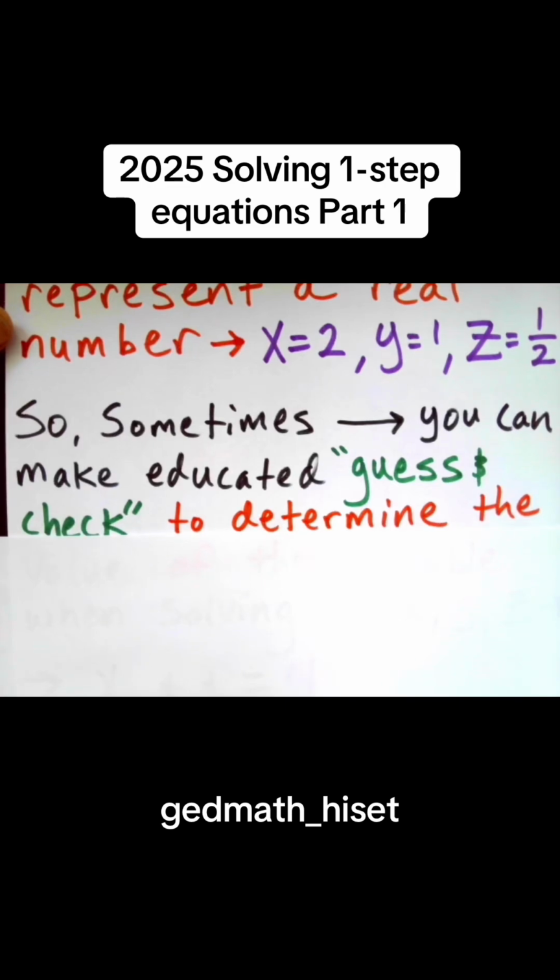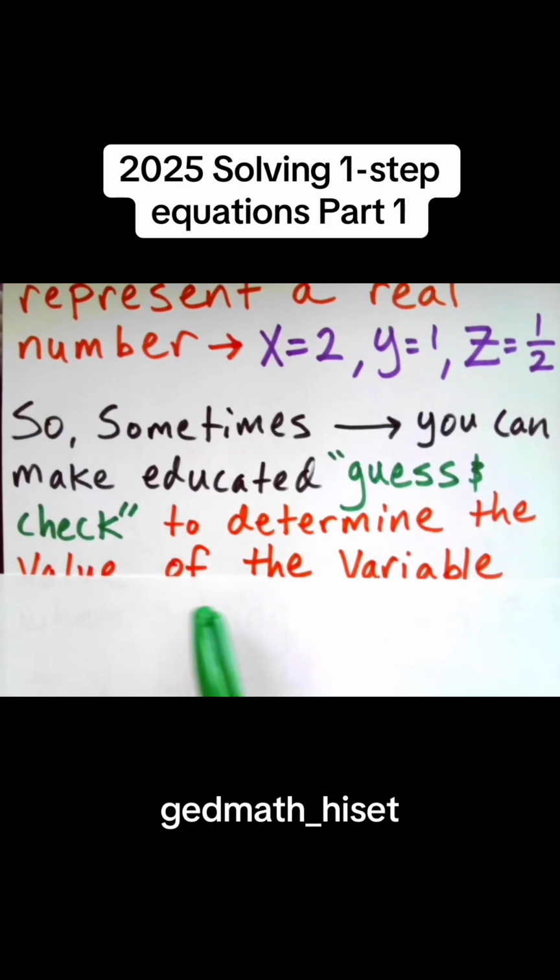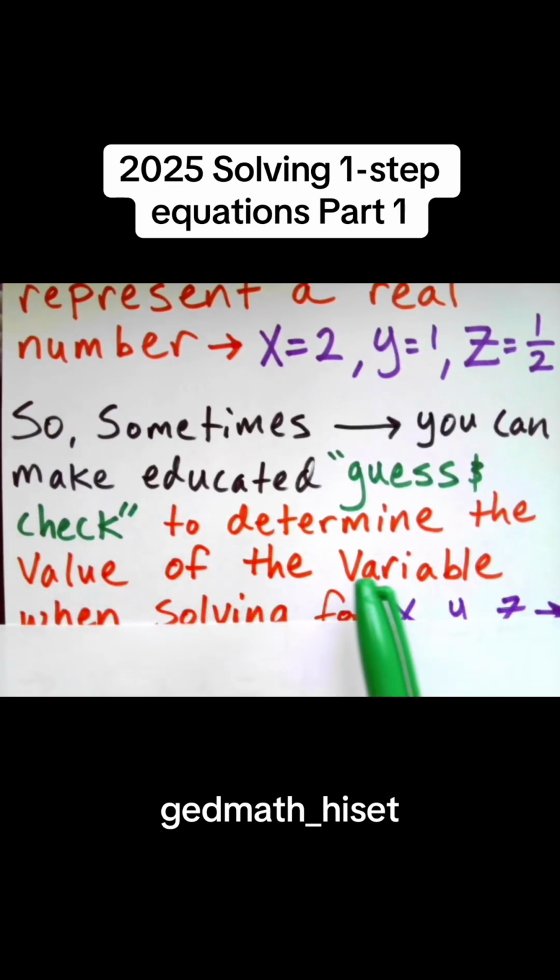Sometimes you can make an educated guess and check to determine the value of these variables when solving for x, y, and z.